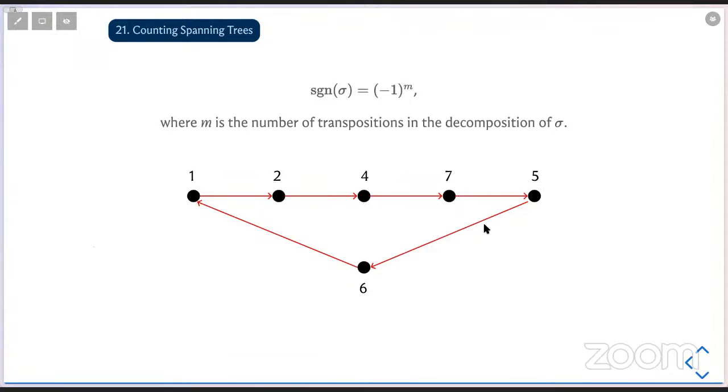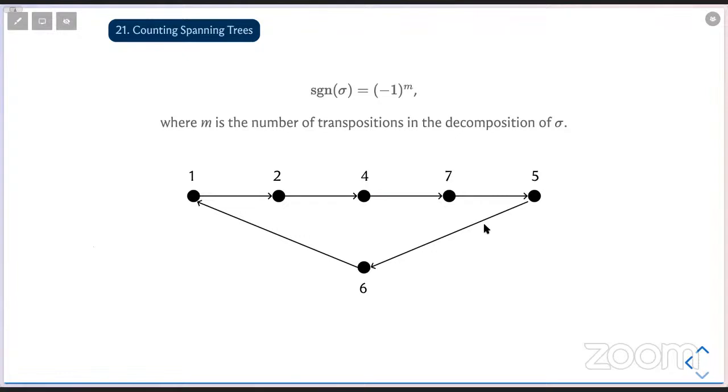When I wipe it out and change everything to -1, how many -1 terms am I getting extra relative to the original term? Number of edges, exactly. So I'm going to get -1 raised to 6.